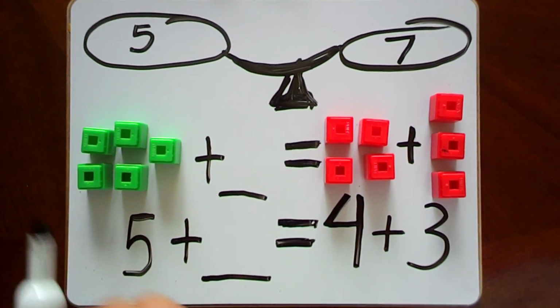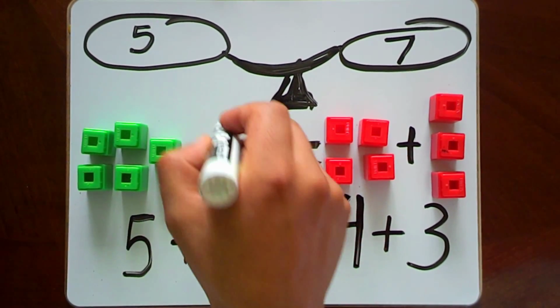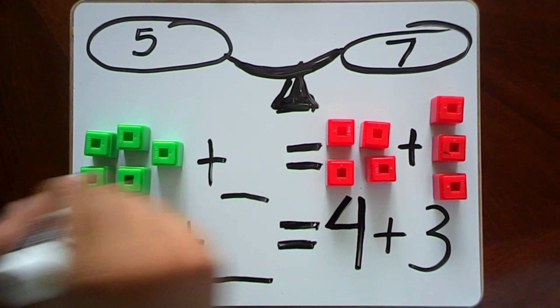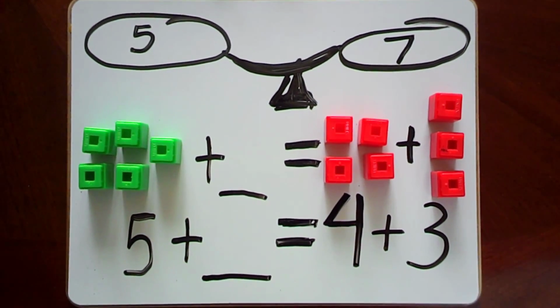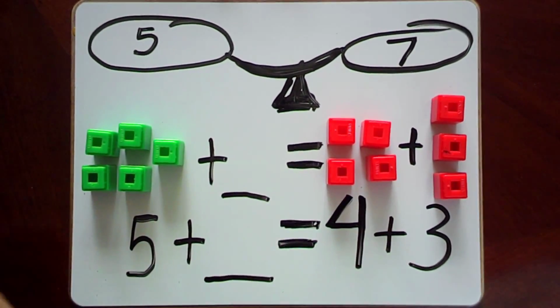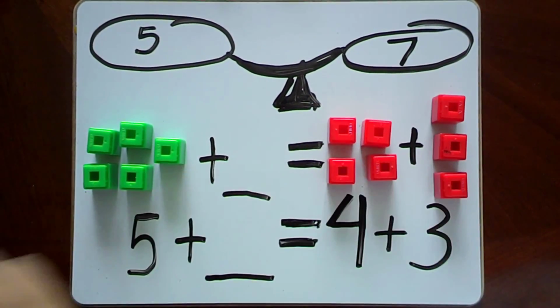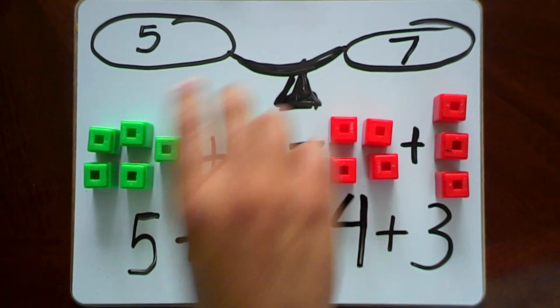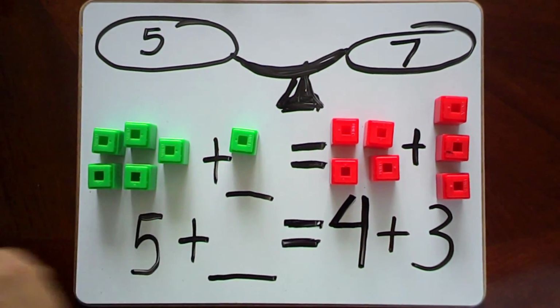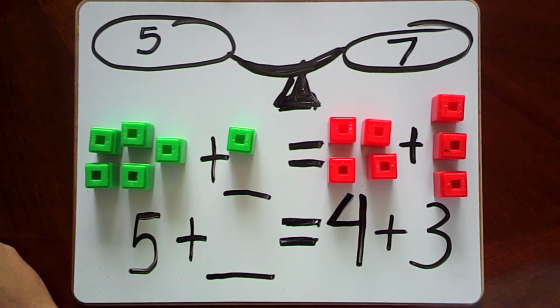So what do we need to add to this side? Because this needs more to be even, so they become equal. Let's try. 5. I need to have 7 just like the right side. So now I will have 5 and 1 makes 6. This is still not equal.